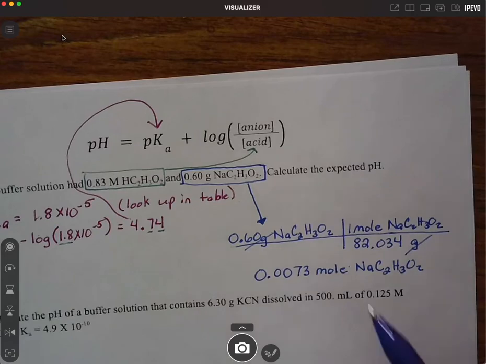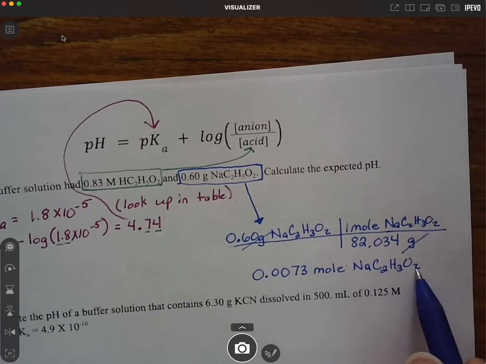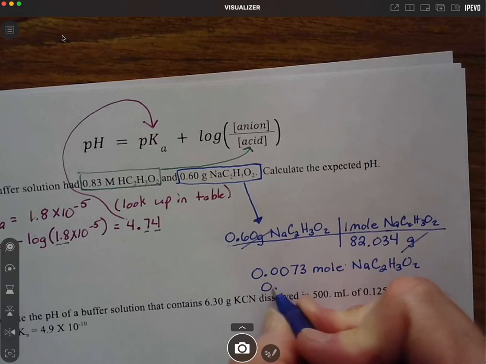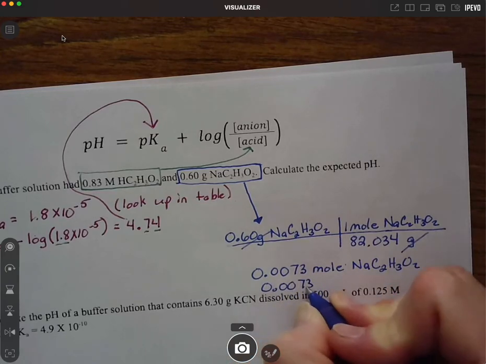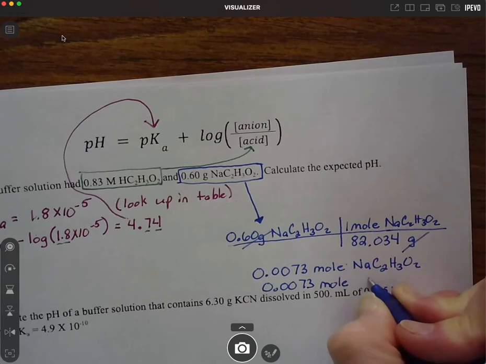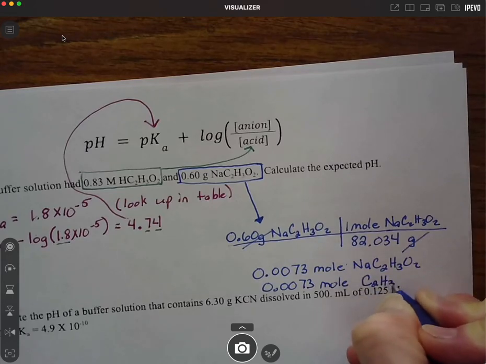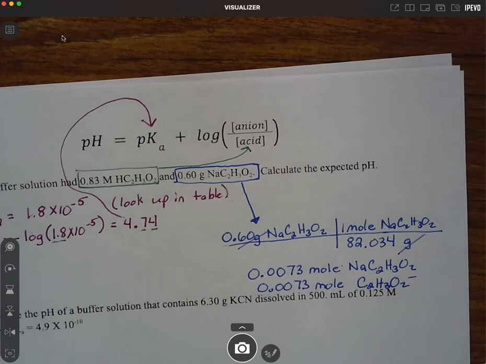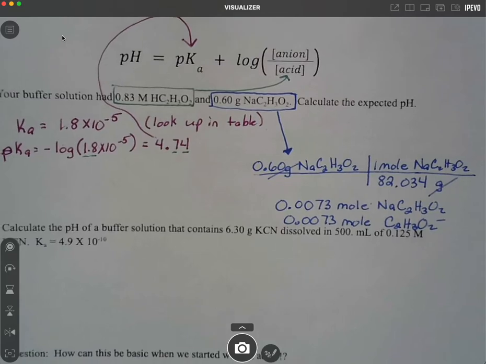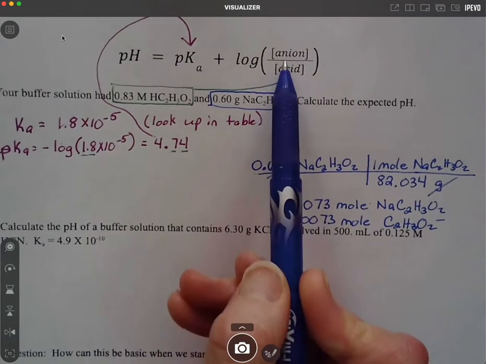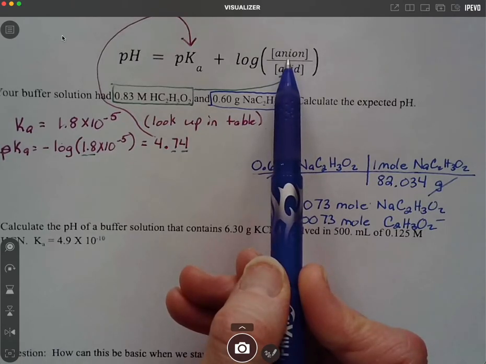And because every one of these has one acetate ion, I have 0.0073 moles of the anion, which is the C2H3O2 minus. Now, we unfortunately still aren't there, because this doesn't say how many moles of anion, this says concentration of anion or molarity of anion.